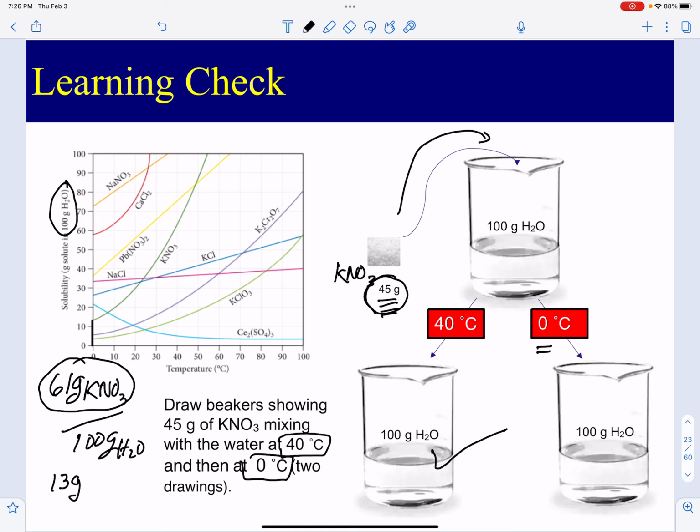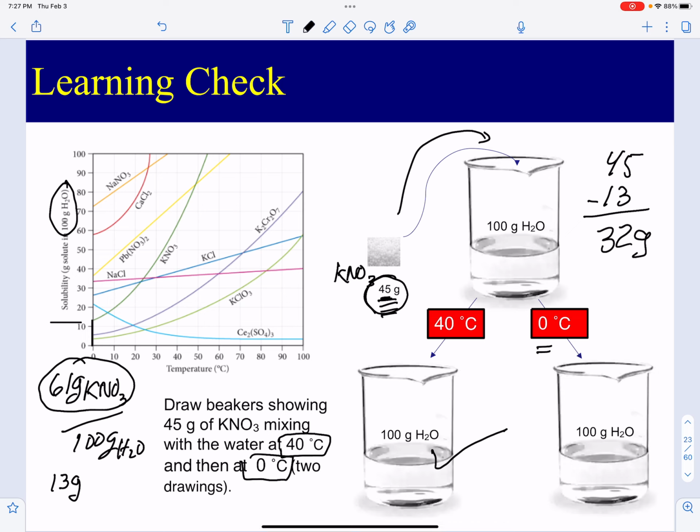And you don't have to be precise, you just have to demonstrate that you know how to use the graph. So around 13 grams of potassium nitrate will dissolve in 100 grams of water at 0 degrees Celsius. That means that out of 45, only 13 will dissolve, which leaves us with 32 grams undissolved.